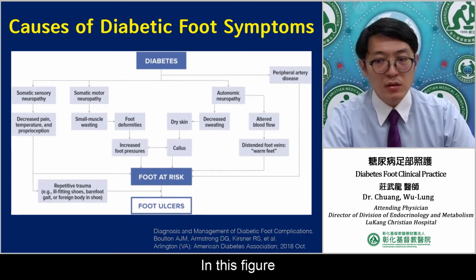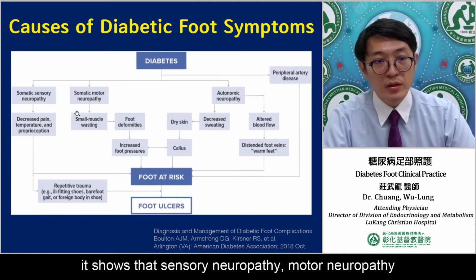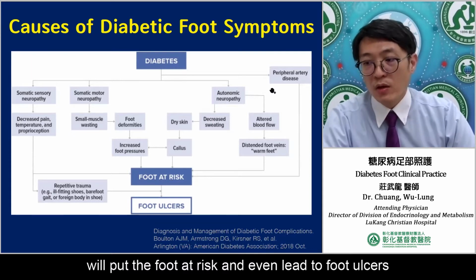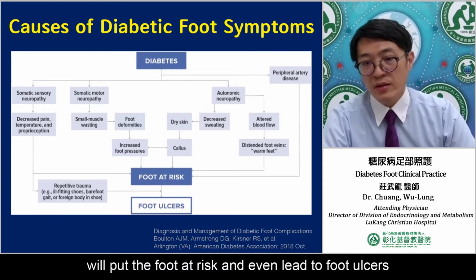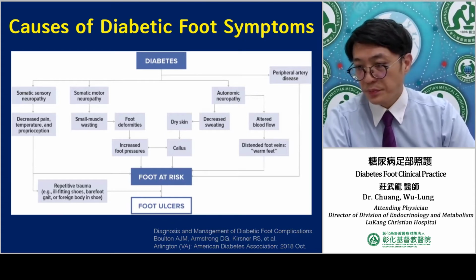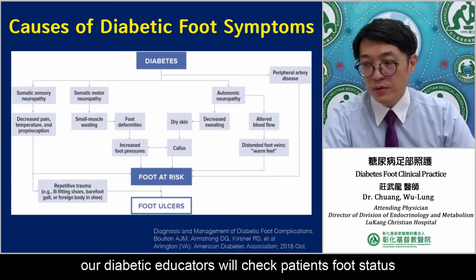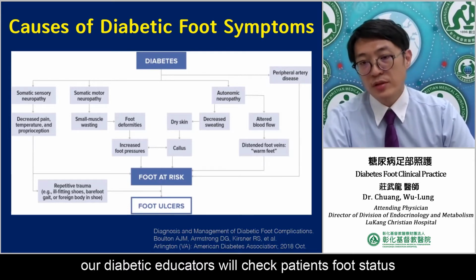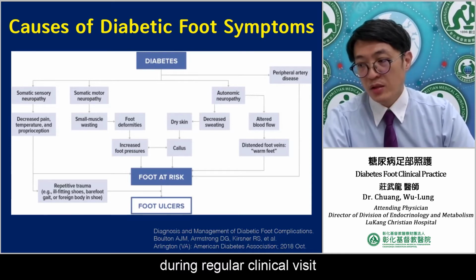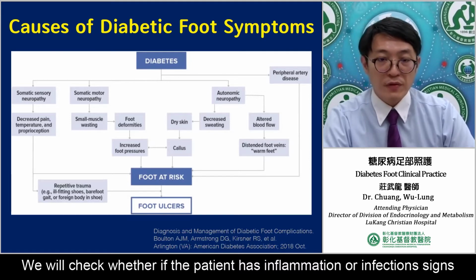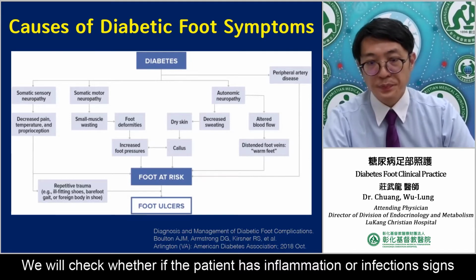This figure shows that sensory neuropathy, motor neuropathy, autonomic neuropathy, and peripheral artery disease put the foot at risk and even lead to foot ulcers. Besides glucose control, our diabetes educator will check patient status during regular clinical visits. We will check whether the patients have inflammation or infection signs.